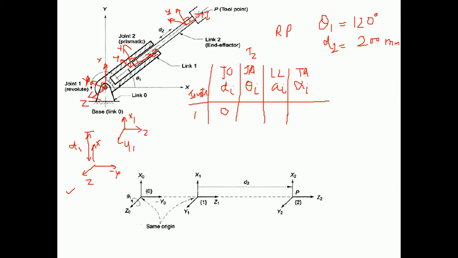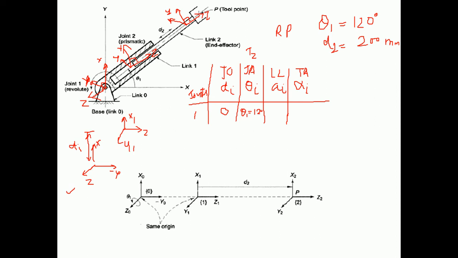So I am going to write theta 1, and the value of theta 1 is already given, which is about 120 degree. So I am writing this 120 degree over here.